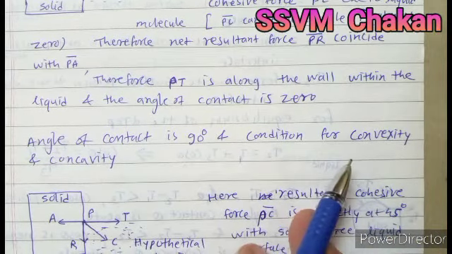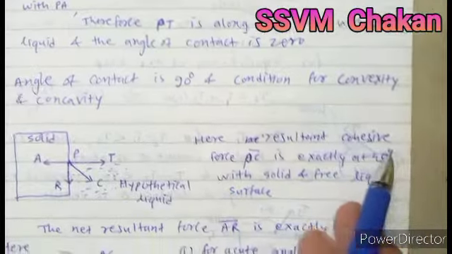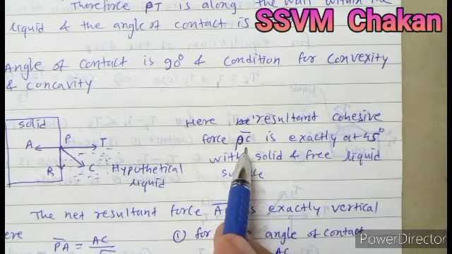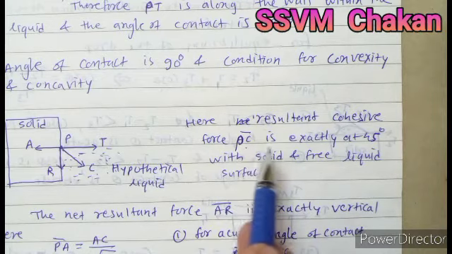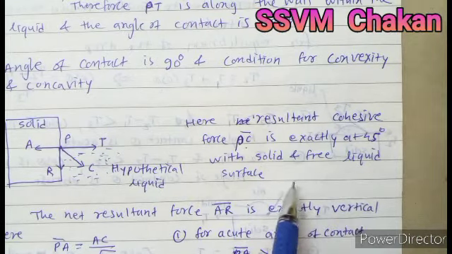Condition for convexity and concavity. Here the resultant cohesive force PC bar is exactly 45 degrees with the solid surface and the free liquid surface.